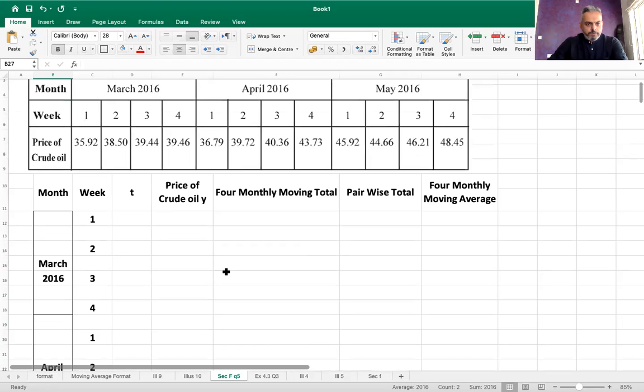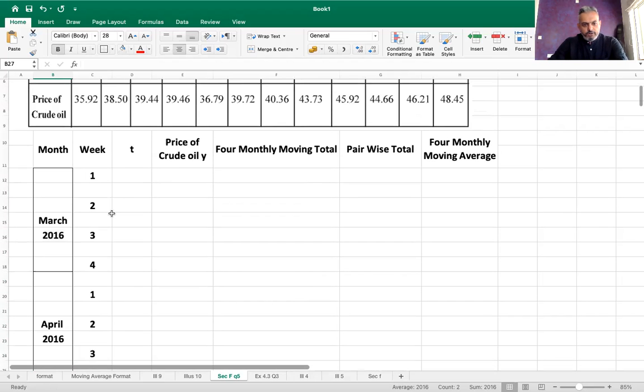Now, week, we have already written 1, 2, 3, 4, 1, 2, 3, 4.